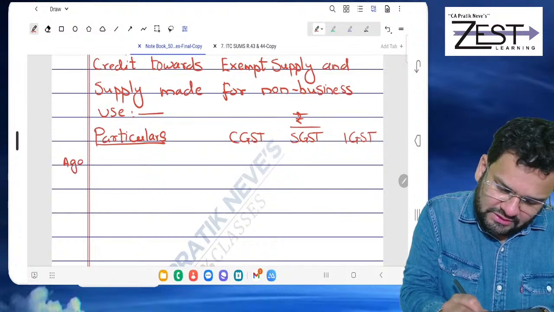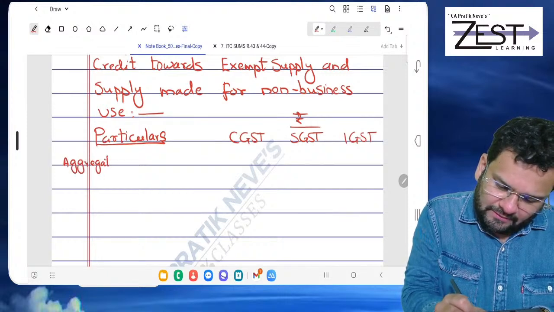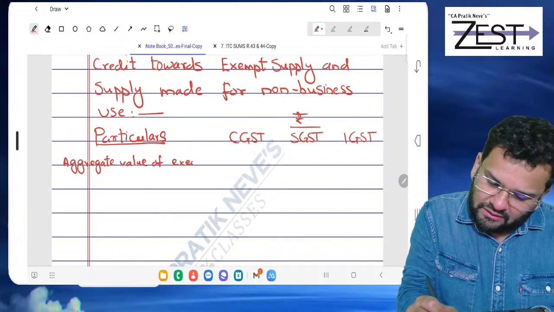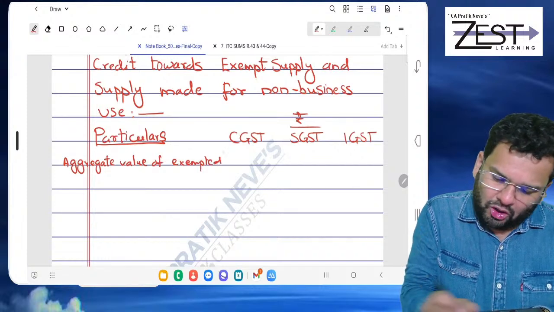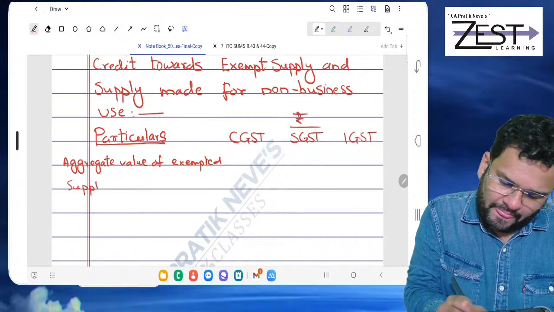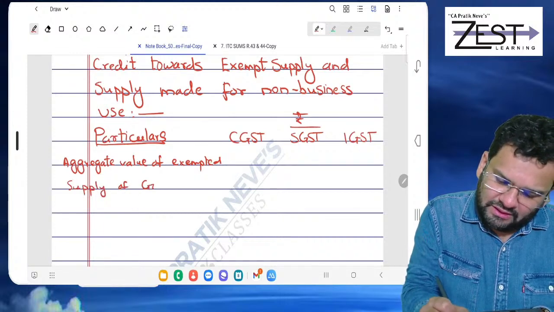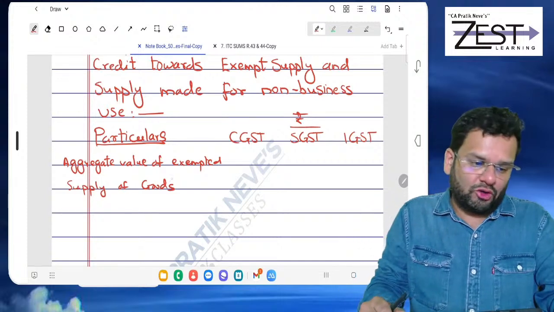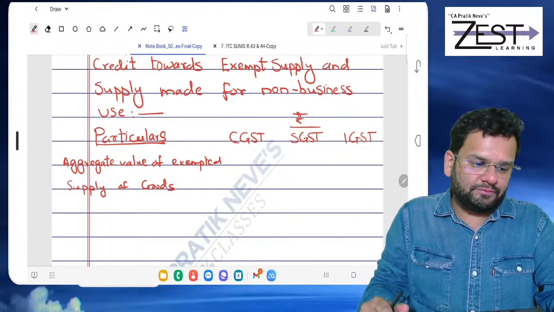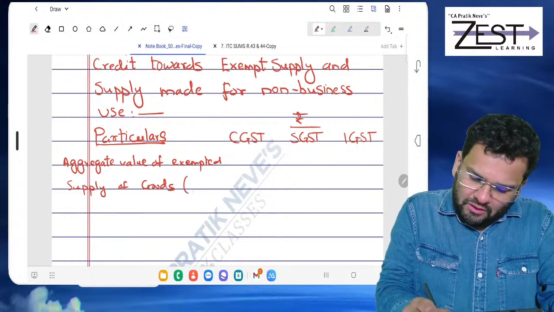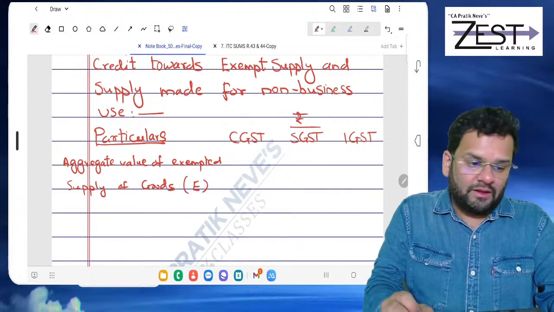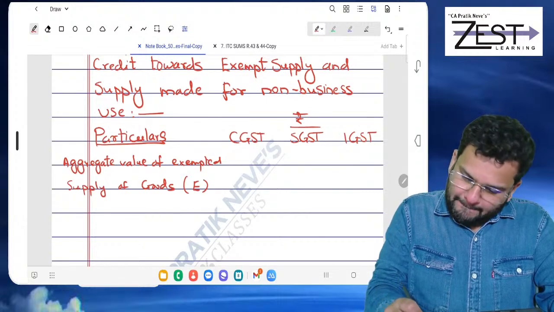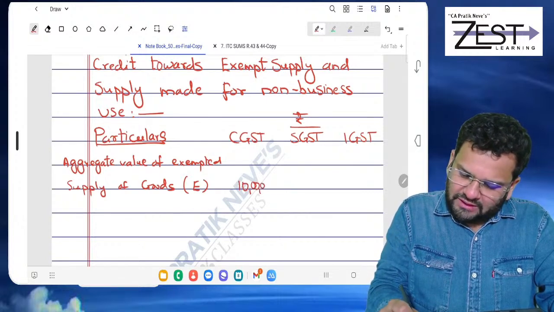May I know what is aggregate value of exempted supply of goods? So please remember, in this case, we are not taking for the month of August because we don't have that turnover. So we are taking for the month of July. That figure is called as E.